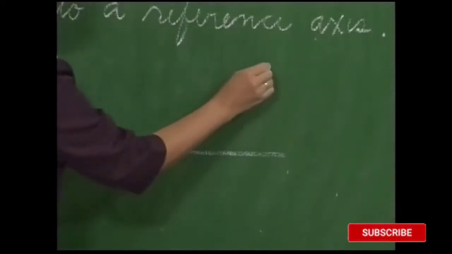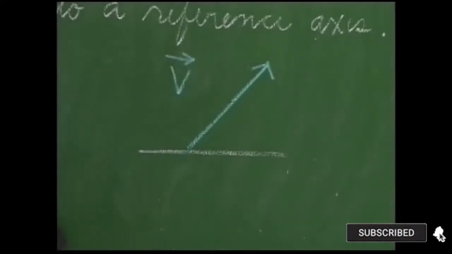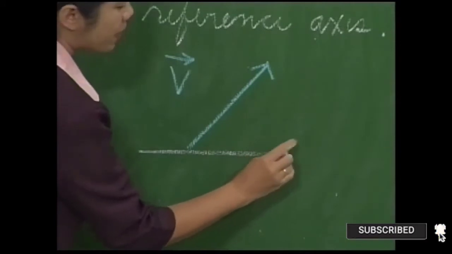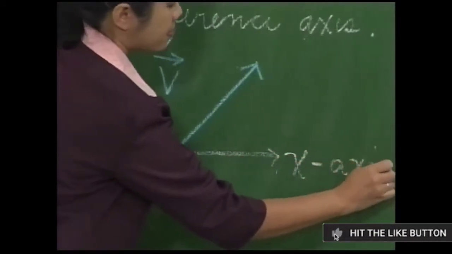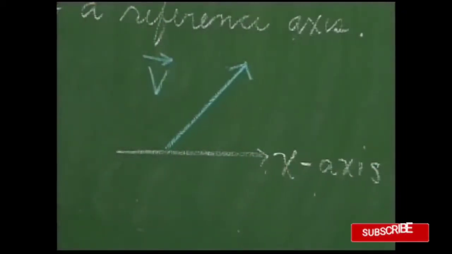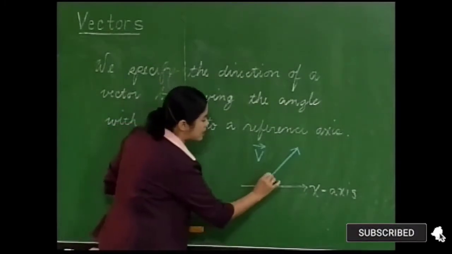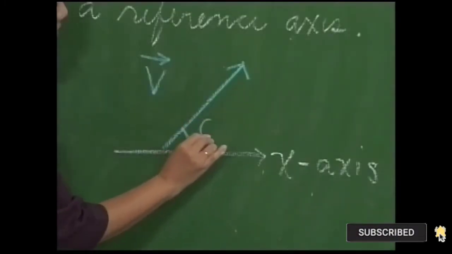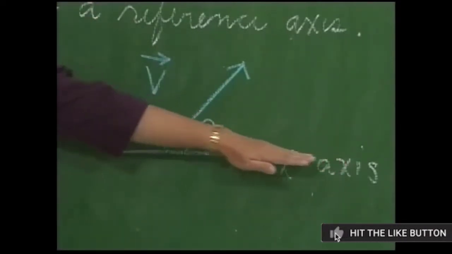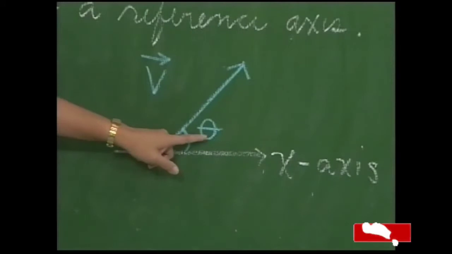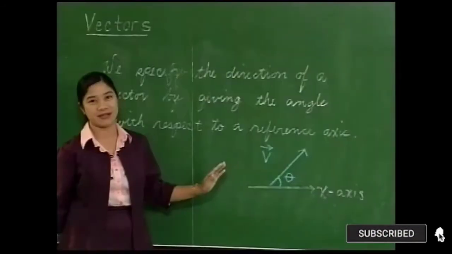Say this is my vector V. I put the arrow on top, while this is what I will call my x-axis. Now the length of V will give the magnitude, but then I will now indicate the angle with respect to the horizontal x-axis. Then once I know my angle, I say that I know the direction of my vector.